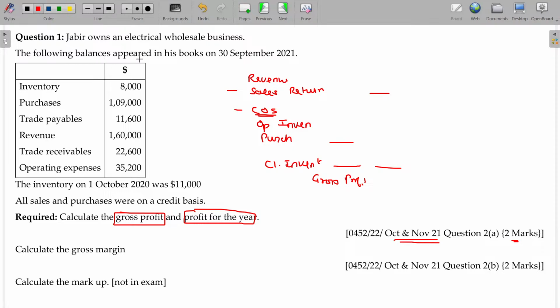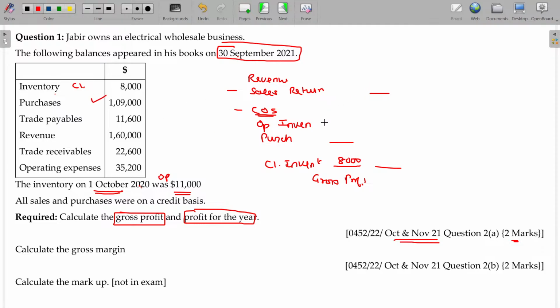So the following balances appeared in his books on 30th September 2021. The inventory on 1st October 2020 was 11,000. This is the opening inventory. The other inventory belongs to 30th September 2021, so it's closing inventory, 8,000 rupees.